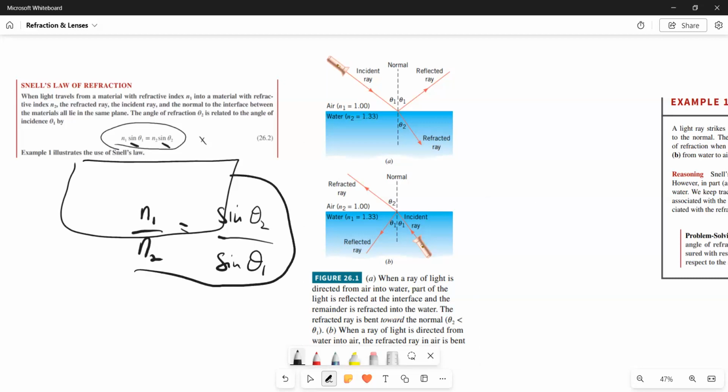Snell found out from experiments that the product of the refractive index of one medium and the sine of the angle the ray makes is equal to the product of the refractive index of the other material and the sine of the angle it makes with the normal. So n1 times the sine of this angle is equal to n2 times the sine of the angle it makes with the normal there. Those two products are equal.